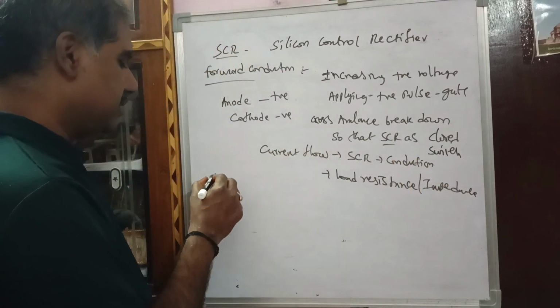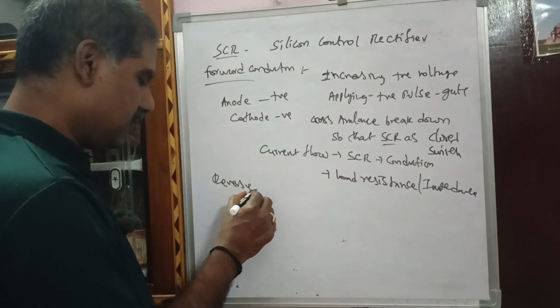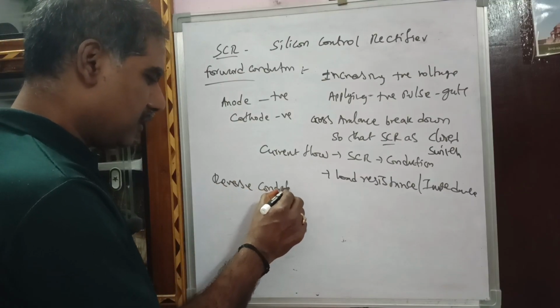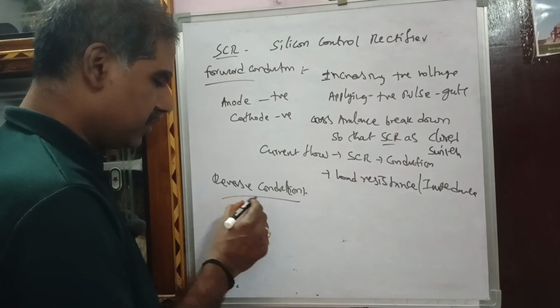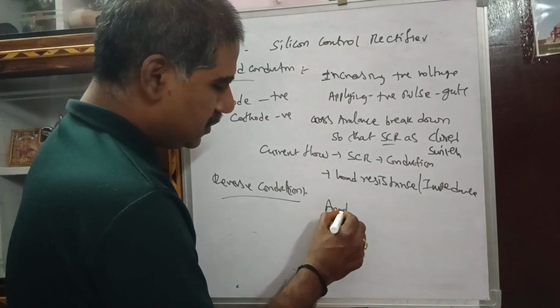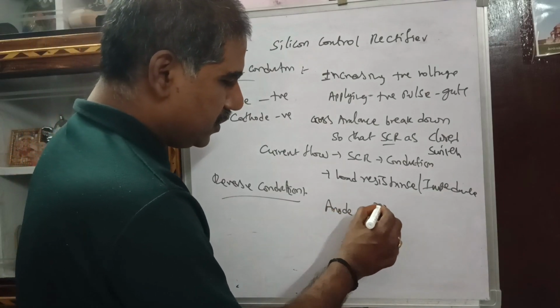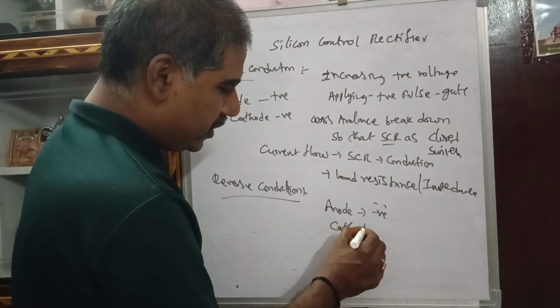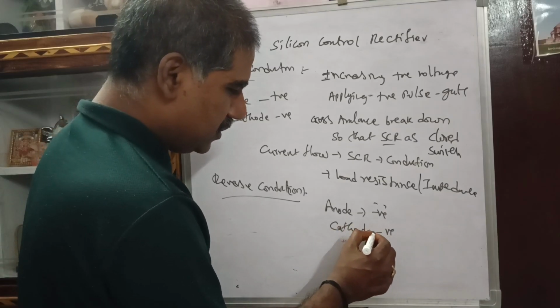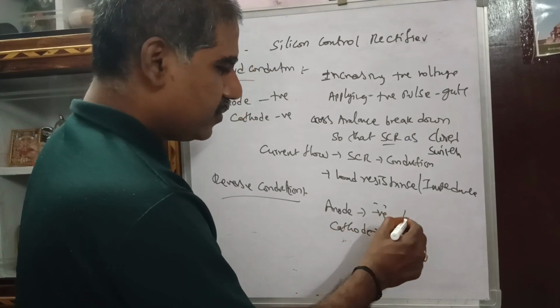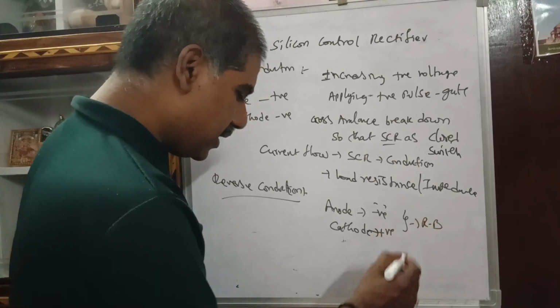Next comes reverse blocking. In this, we apply a negative voltage to the anode electrode, whereas we give a positive signal to the cathode, so it works in the reverse bias condition.